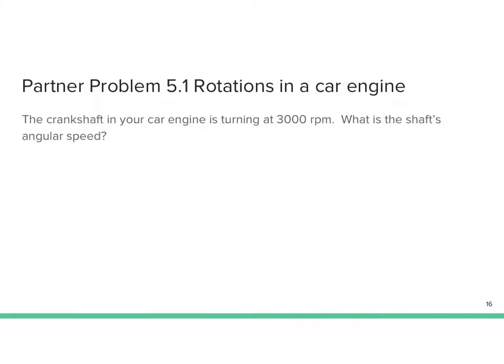All right, here's a partner problem that you'll take a look at in class. It says that the crankshaft in your engine is 3,000 RPMs. What's its angular speed? And we'll take a look at some conversion factors and thinking that, well, 3,000 RPMs, that's 3,000 revs in 1 minute. So we got to think about this rev thing because we don't use revs in our calculation, but we'll see it all the time.